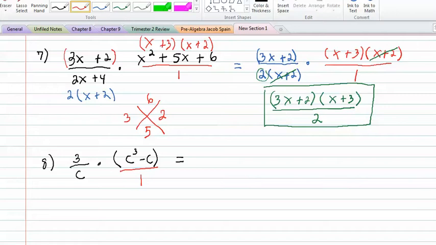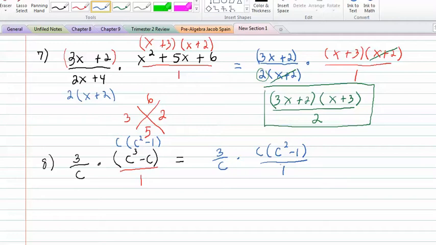Okay, now I look. Is there anything that these have in common? And hopefully you see that they have a c, and they have a c squared minus 1. So far over here I have my 3c times c parentheses c squared, the 2 first, c squared minus 1 all over 1.